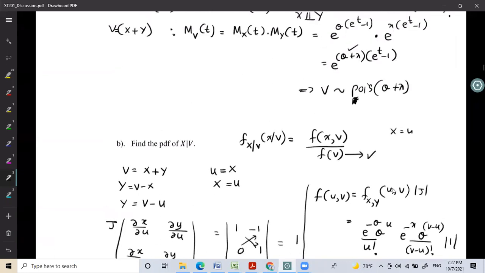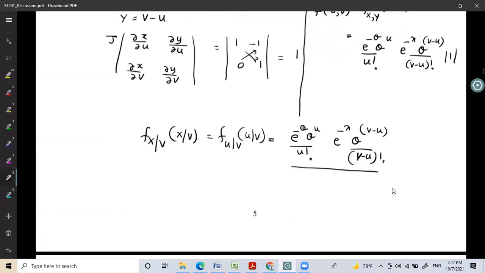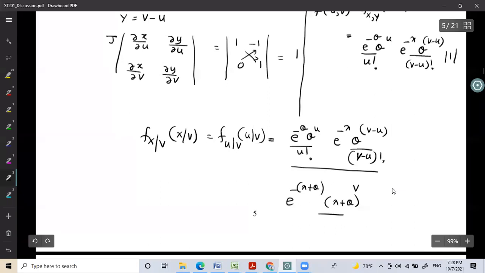What is our f of v? V is Poisson with theta plus lambda. So that will be e to the negative lambda plus theta, lambda plus theta to the power v divided by v factorial, right?